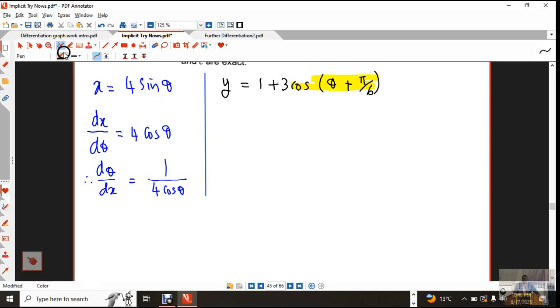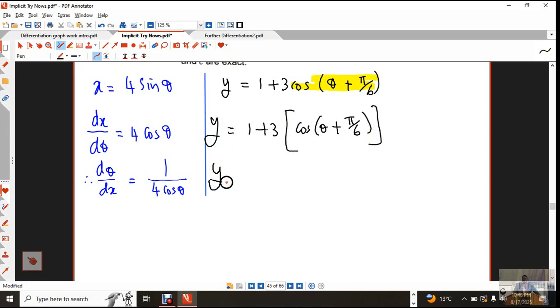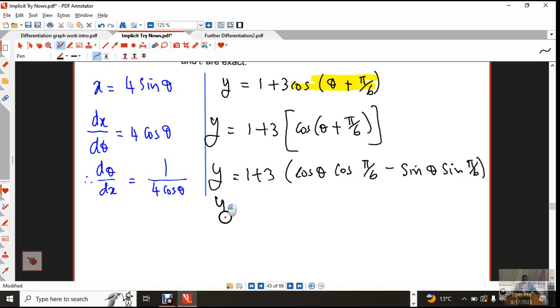So I've got y equals 1 plus 3 times the cos of theta plus pi upon 6, that compound angle. So y equals 1 plus 3, then this is cos theta cos pi over 6, minus, obviously it's going to become minus sine theta sine pi over 6.